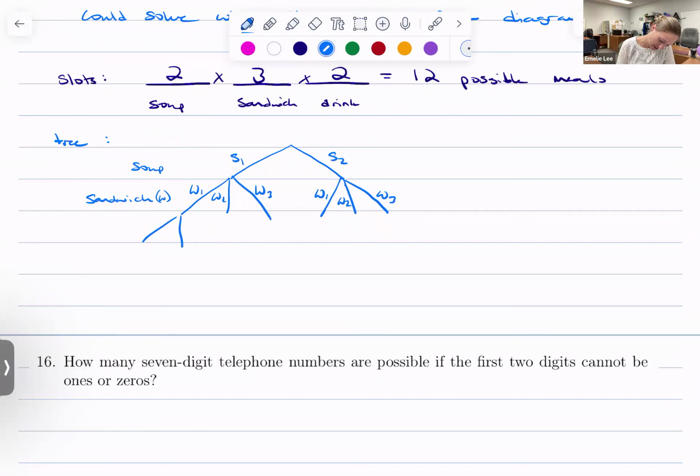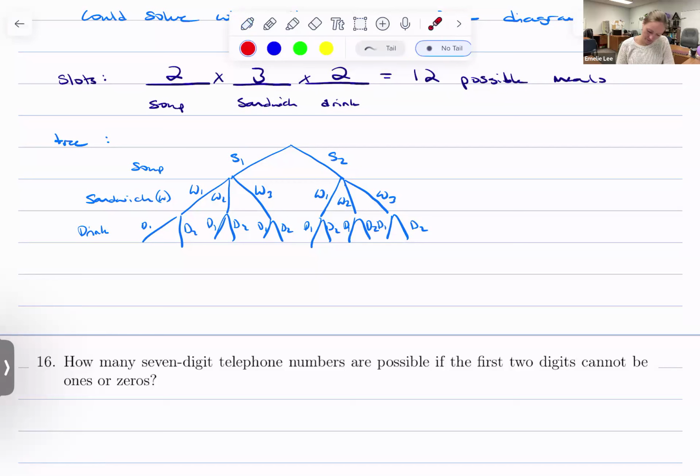And then drink 1, drink 2, drink 1, drink 2, drink 1, drink 2. You can see why I prefer the slots, but this will work if you want to visualize it. 1, 2, 3, 4, 5, 6, 7, 8, 9, 10, 11, 12 branches.